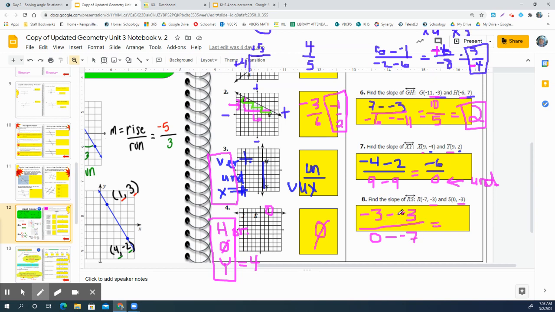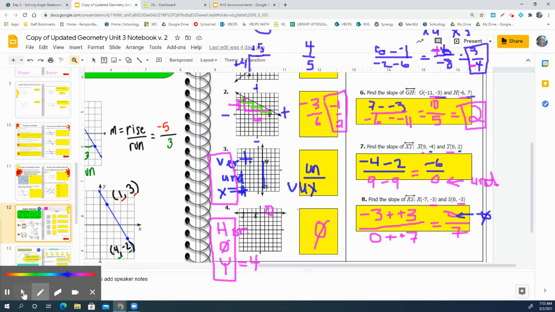So -3 minus -3 is like -3 plus 3, which is going to be 0. And then 0 minus -7 is going to be like 0 plus 7. So is that a 0 slope or an undefined slope? This one is the 0 slope. The 0 is sitting on the couch. It's sitting on that horizontal line, right? So this one is the 0 slope.